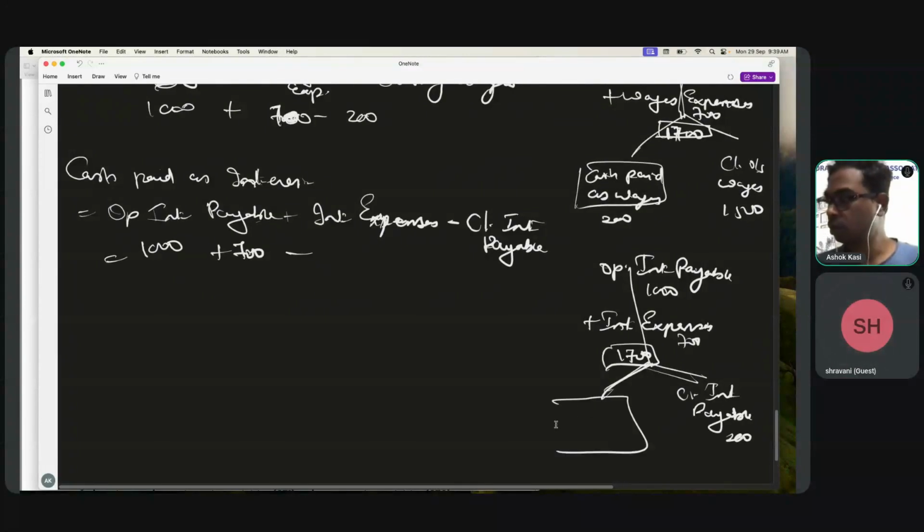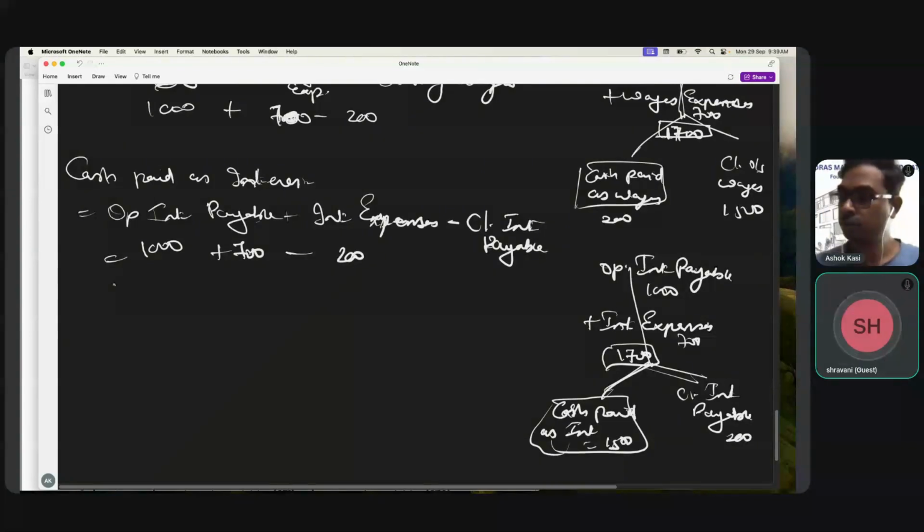So now here cash paid as interest will be 1500. Okay.